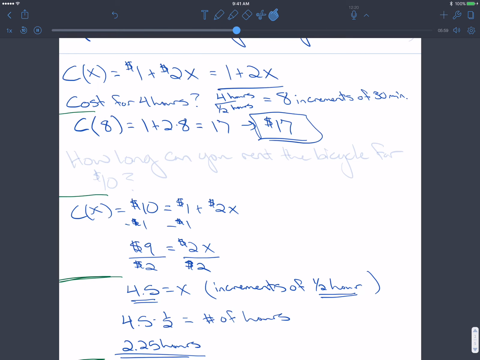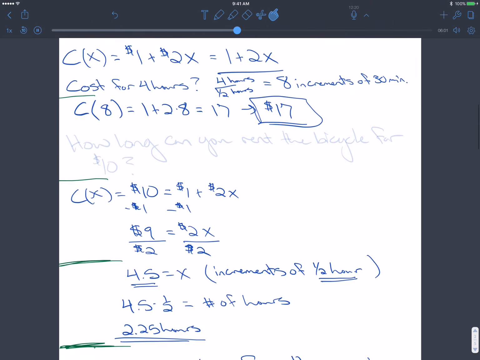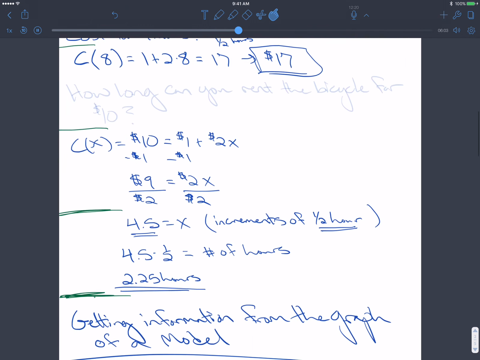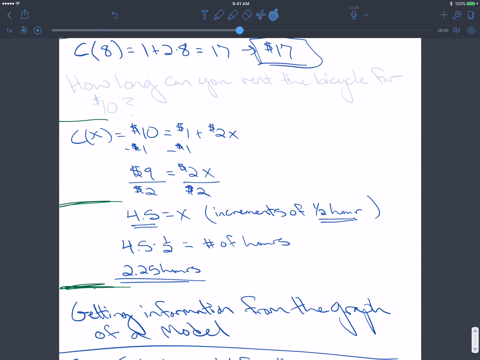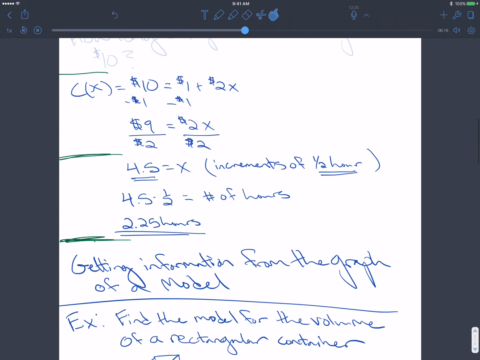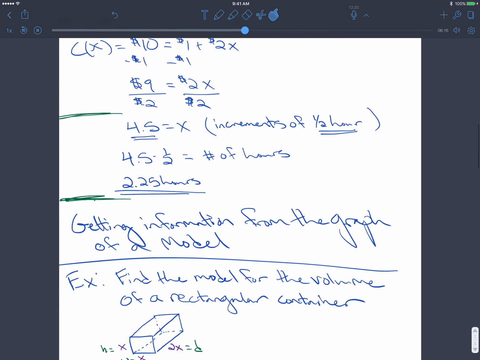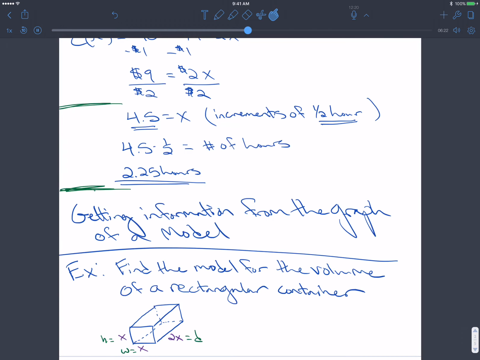The last thing we'll talk about is getting information from the graph of a model. So we'll start with another example where we have to construct the model and then we'll graph it in order to evaluate it. Now, find the model for the volume of a rectangular container. In this case, the height is equal to x, the width is equal to x, and the depth is equal to 2x.